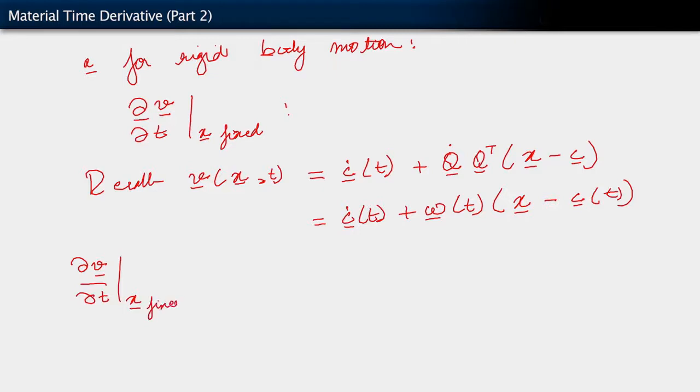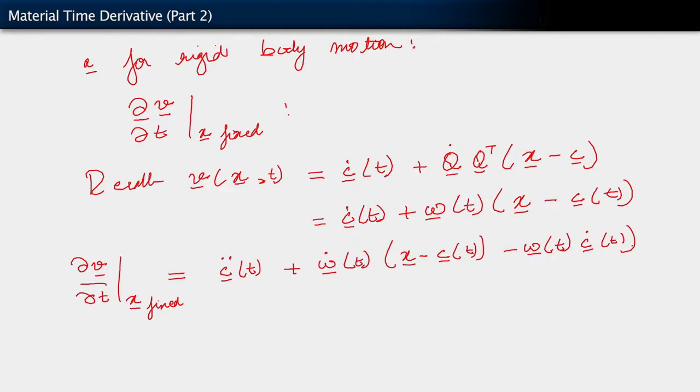Okay, this is c double dot function of time plus omega dot function of time acting on x minus c function of time minus omega function of time c dot function of time. Okay?